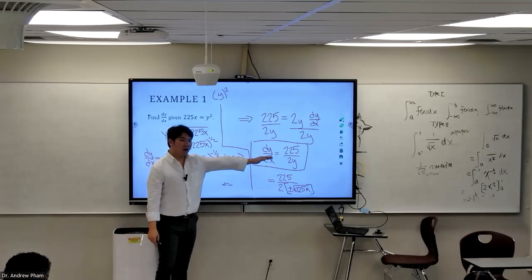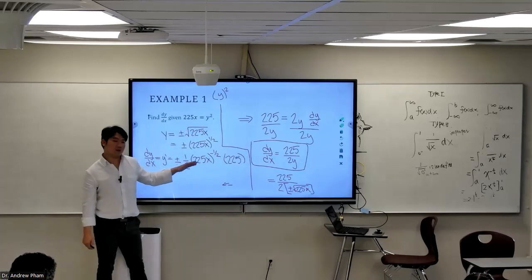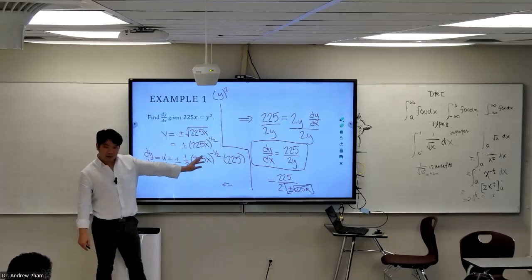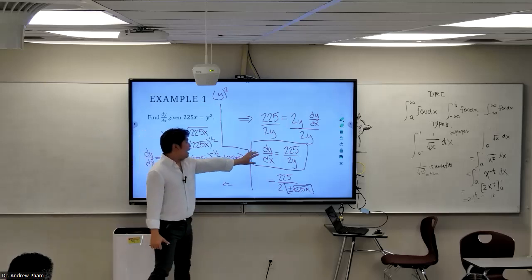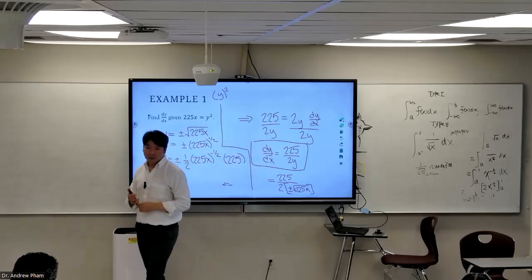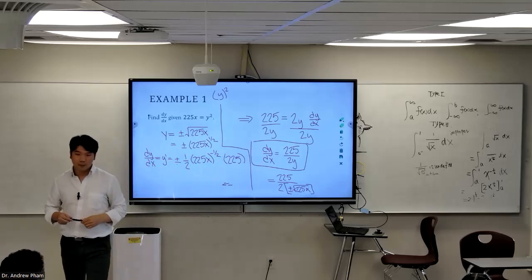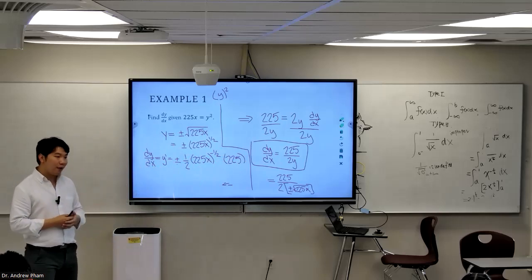The difference is that here my derivative has a y in it. This one is strictly in respect to x. So in other words, I'm taking this as my derivative, 225 over 2y. Yes, you can write y prime.